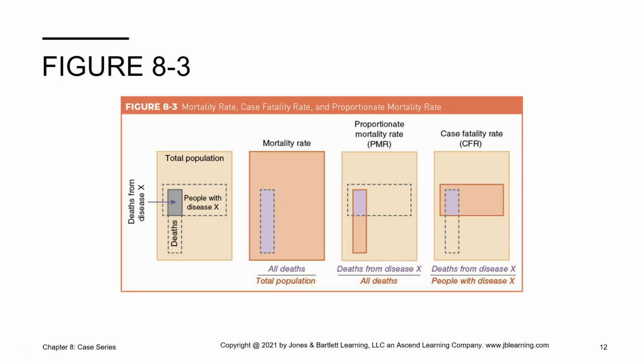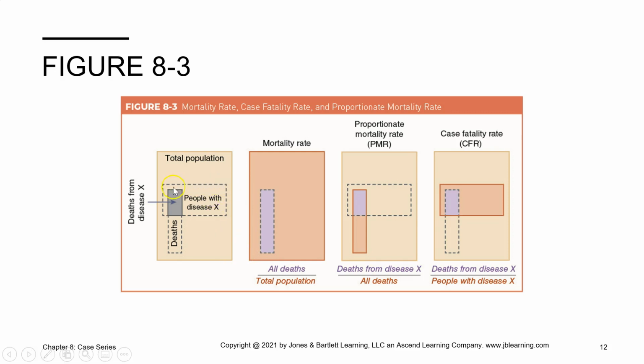Figure 8.3 goes over these calculations in a little bit more detail. Here in this box on the left, this is the total population. Let's use the project that I did in Michigan, looking at mortality among Arab Americans, specifically from COVID-19. The population for this study was just Arab American cases that live in Michigan.